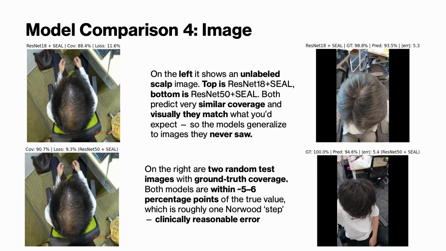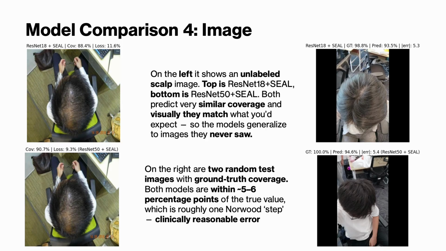On the right, the 2 test images where we know the ground truth. For the top image, ground truth is 98.8%. ResNet18 predicts 93.5%. Error of 5.3 points. ResNet50 predicts 94.6% at 5.4 points. For the bottom image, ground truth is 100%, and ResNet50 predicts 94.6%.